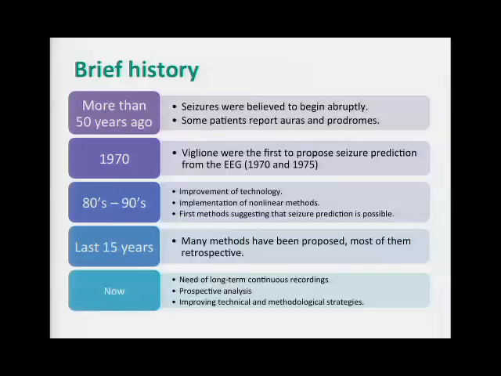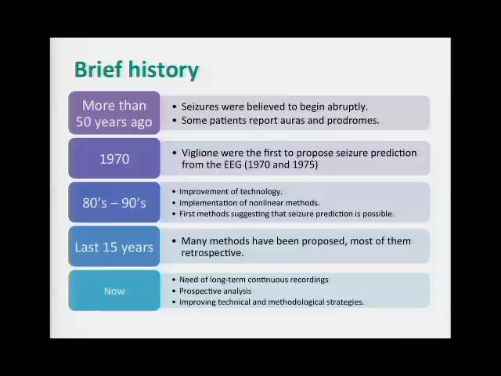So at the beginning, we had a lot of methods, very optimistic, but then when we started realizing that it needed statistical validation, it needed longer periods of time, then it was less optimistic, let's say.